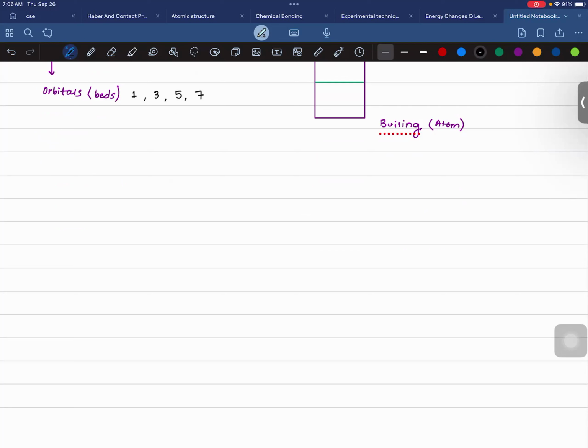The columns are the number of shells, the number of subshells, the type of subshells, and the number of orbitals.